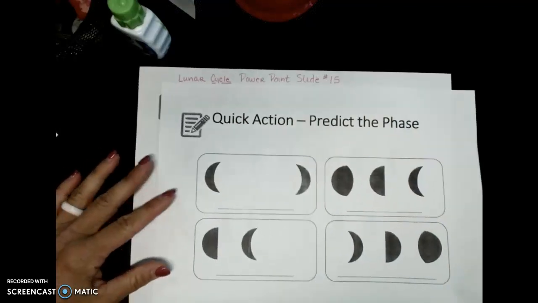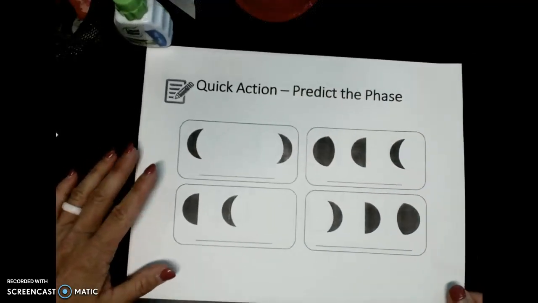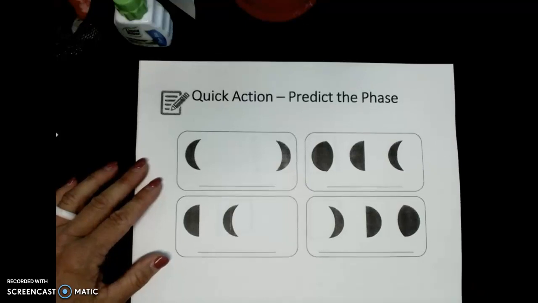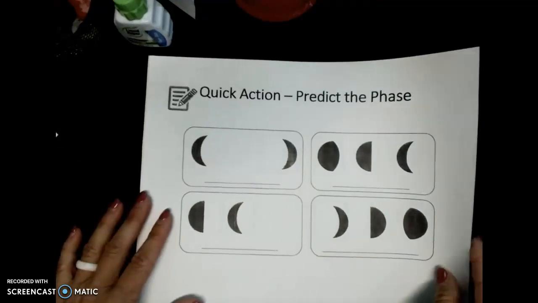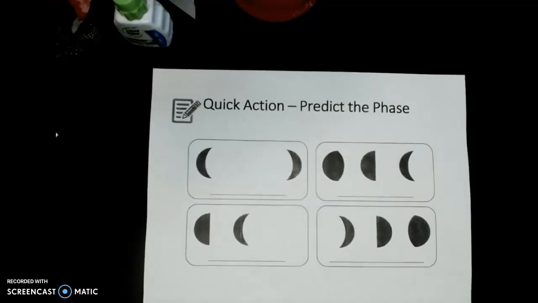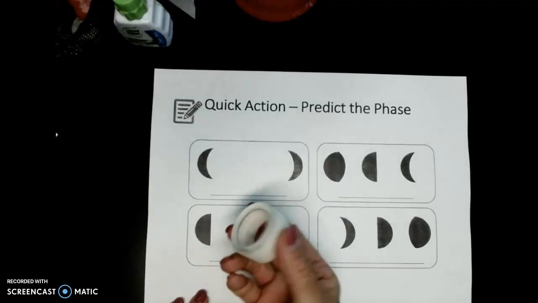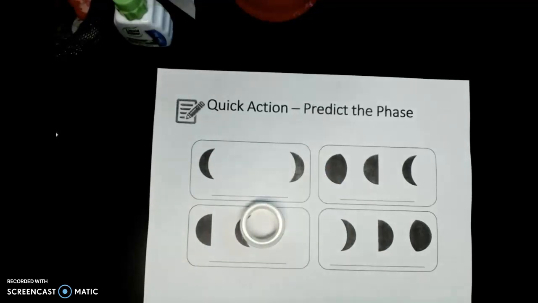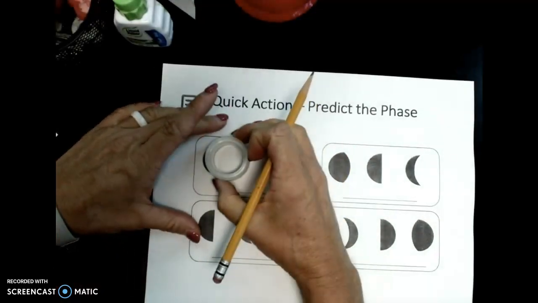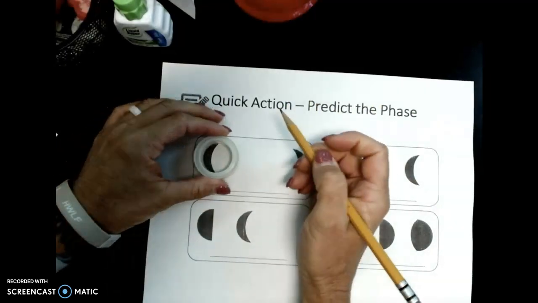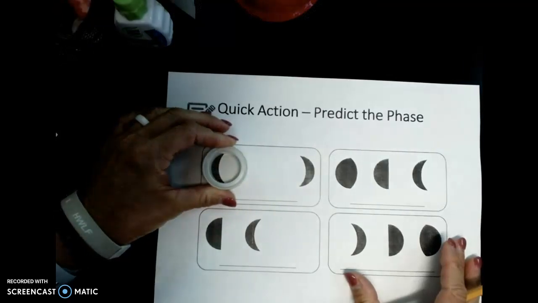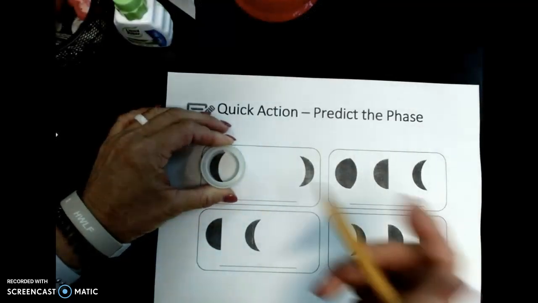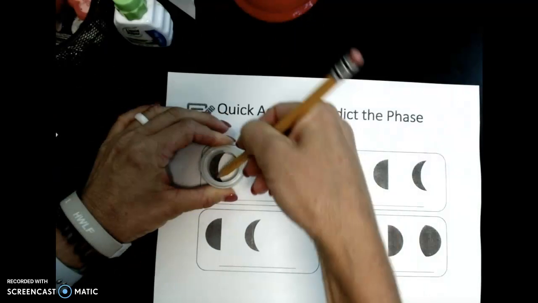So this is what the sheet will actually look like when you get it. Couple of problems with this sheet. One, you can't really even see the circles that are supposed to be there. So what I want you to do is use our little templates that we've got in each of our caddies, and if you line the inside of the circle up with the shaded part of the moon, use your pencil and draw.